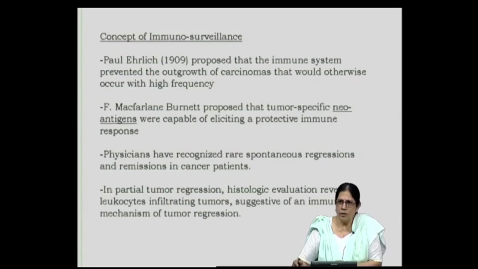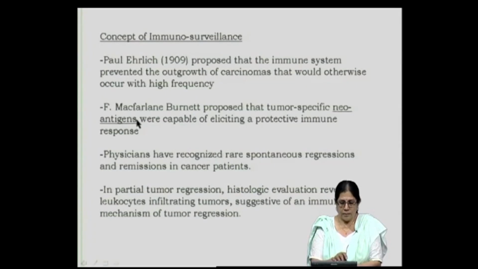So, in old individuals there may be cancers that have established themselves, but before the cancer has taken its toll, the individual dies because of other reasons, maybe circulatory system failure or kidney failure or whatever. So, Paul Ehrlich said that the immune system prevents the outgrowth of carcinoma that would otherwise occur with high frequency.